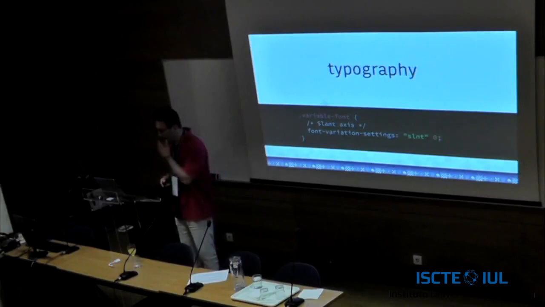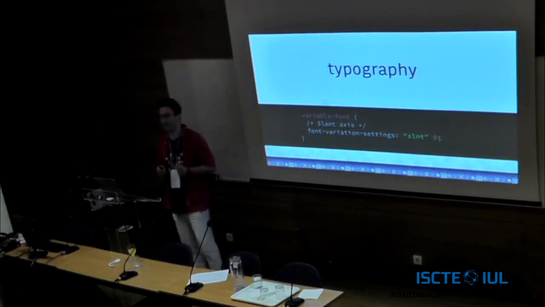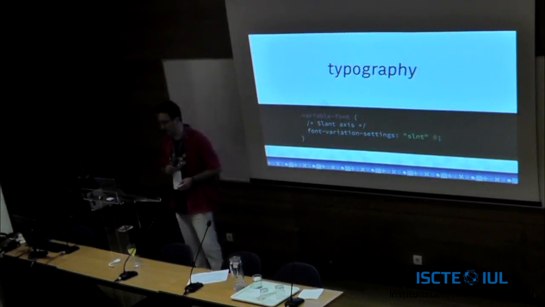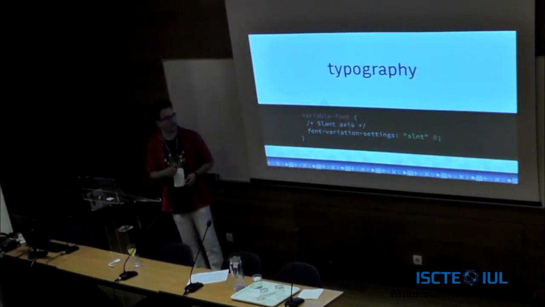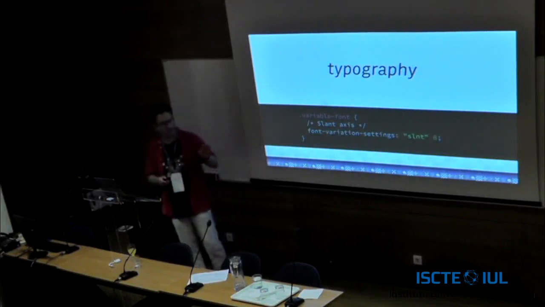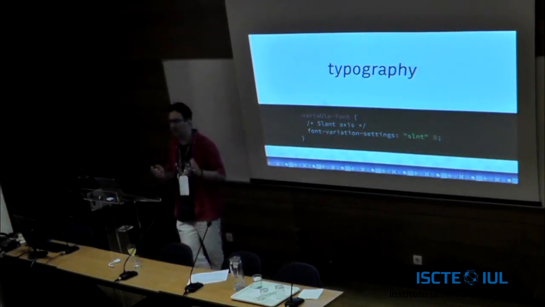But we have a similar thing called slant. So a font can have a slant setting just like this. It's similar but not the same. The good thing is that slanting in variable fonts is controlled. So it's not a distortion, but it's designed.